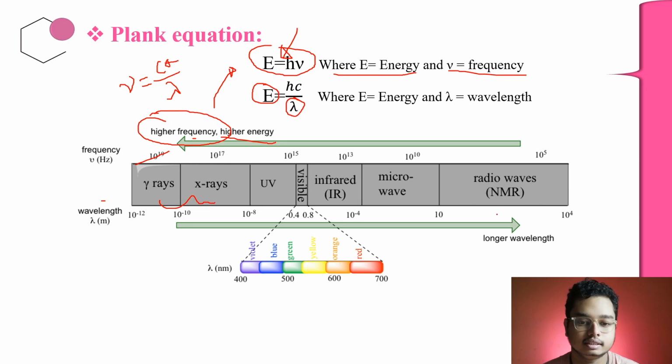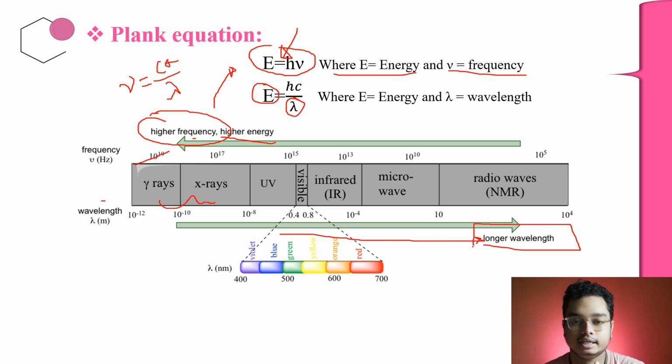As we go from this side, wavelength is increasing, so energy is decreasing, and frequency is decreasing. So gamma rays and X-rays have the higher energy, whereas microwaves and radio waves have the lower energy.